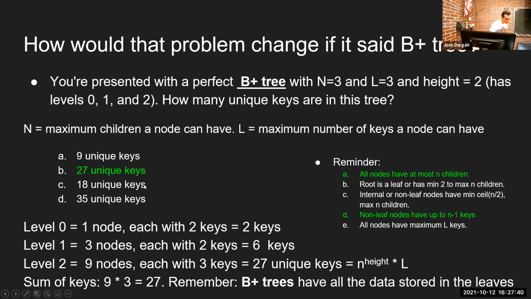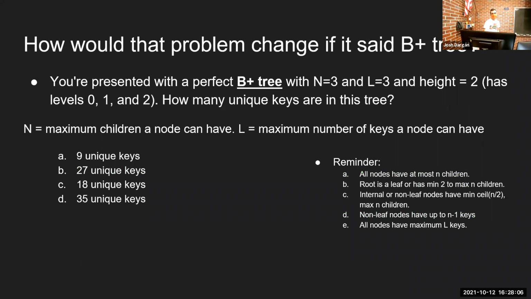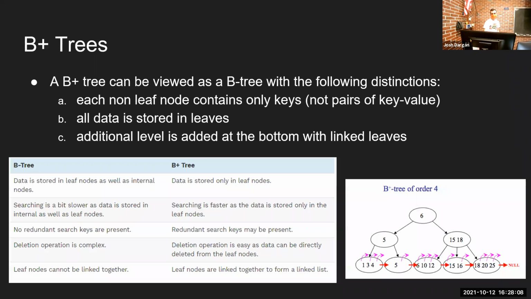And for your question, why do the upper levels only have 2 keys? The reason is that they can have only n-1 keys. So that's the D rule there. And the reason for that is that we need n-1 keys to split the children. So if we go back to the example picture, you can see that for this node here, we need 15 and 18.